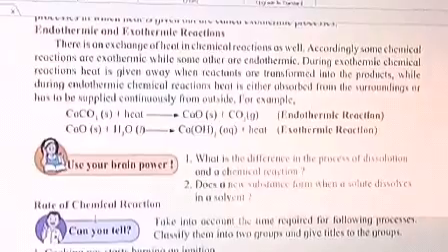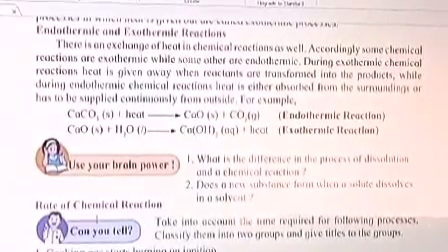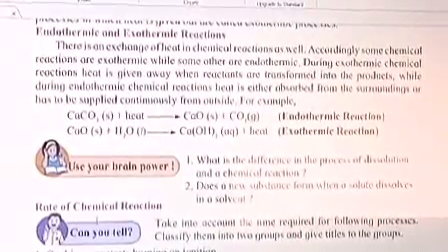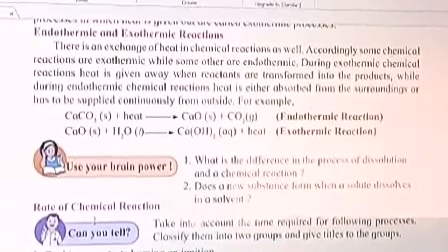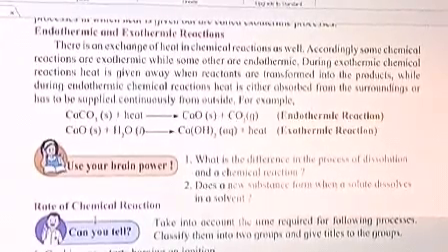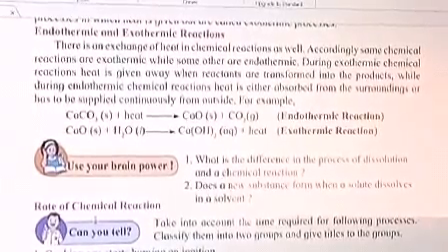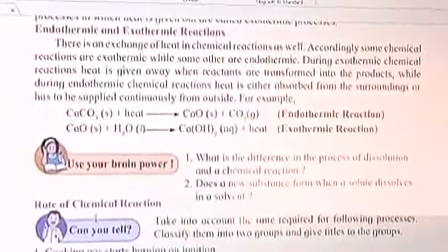Now let us study some more examples of endothermic and exothermic reactions. As we have studied in the earlier part, in a decomposition reaction, when calcium carbonate is strongly heated, it gives calcium oxide and carbon dioxide.